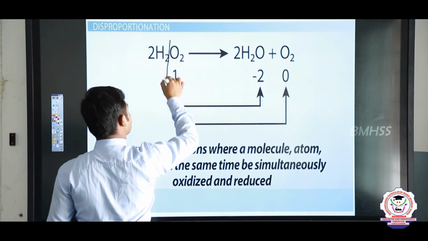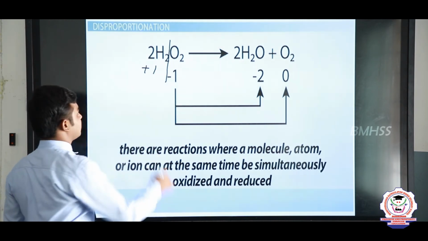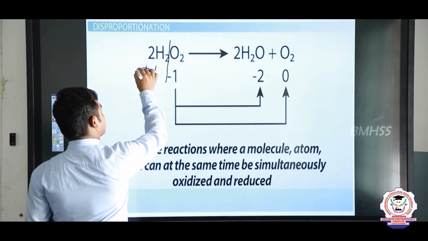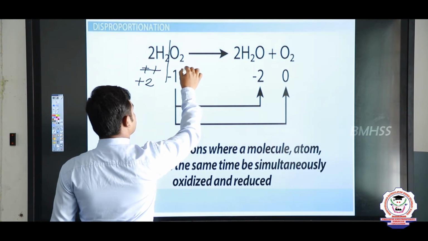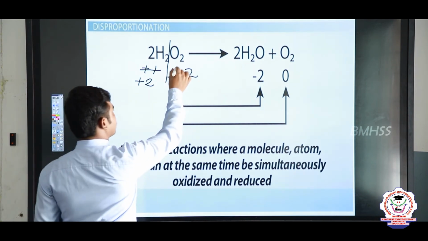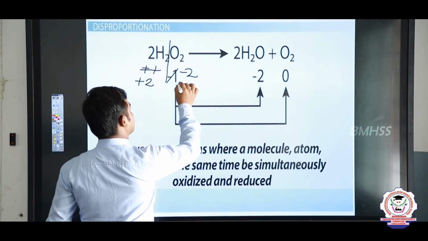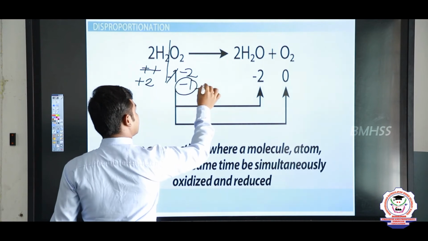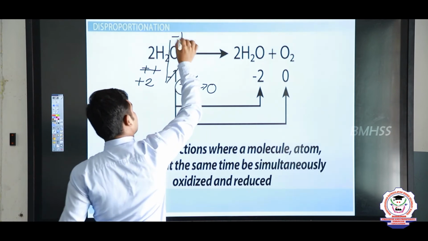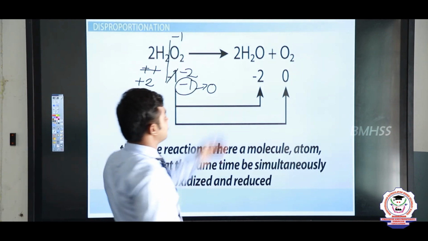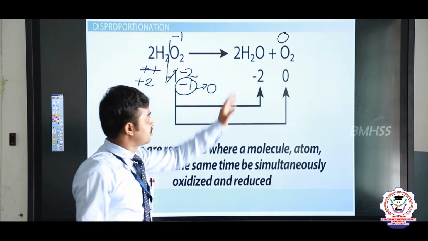See here, the hydrogen can have +1 charge, 2 hydrogens can have +2 charge, and the oxygen can have opposite sign and equal number, -2 for the 2 oxygen atoms, and -1 for the single oxygen atom. So, here oxygen has -1 charge, and let us see here, the O2 molecule being single can have 0 oxidation state.